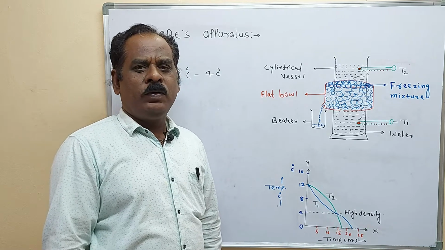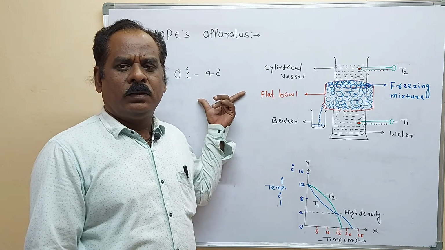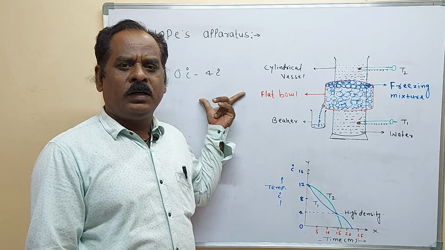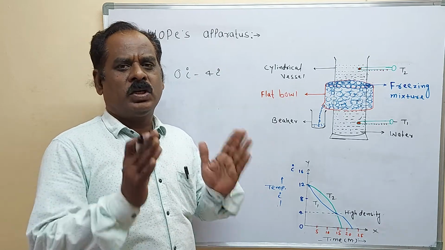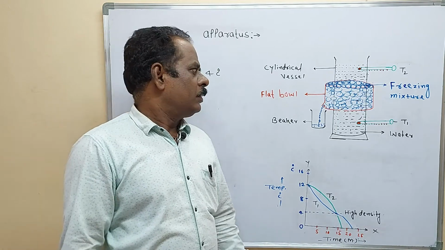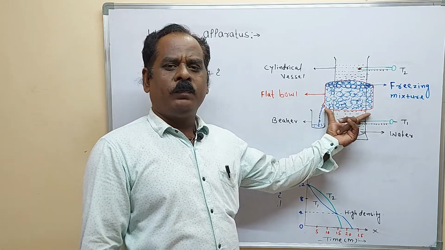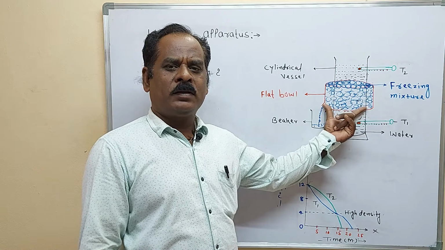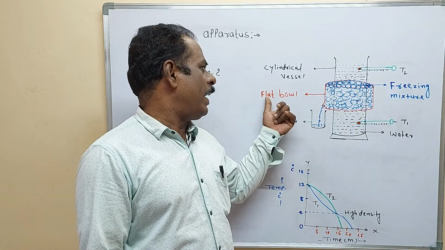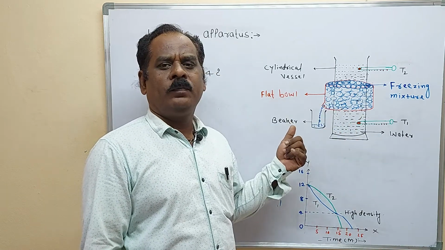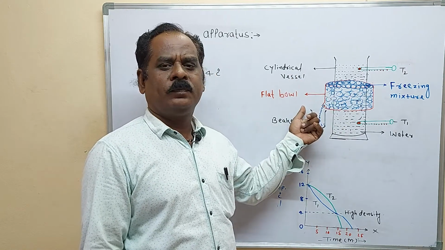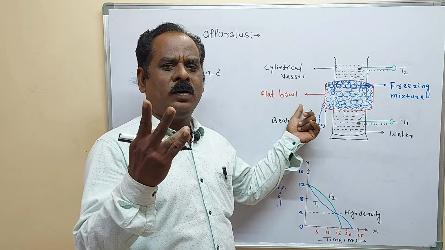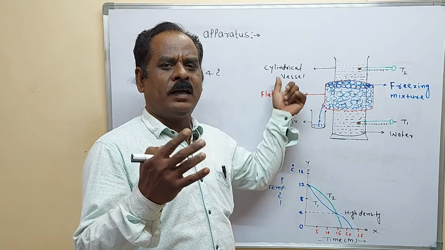How will you study this behavior of water? This behavior of water can be studied with the help of Hope's apparatus. What is the structure of Hope's apparatus? See on the blackboard carefully. This apparatus consists of two types of vessels, a flat bowl vessel and a cylindrical vessel.